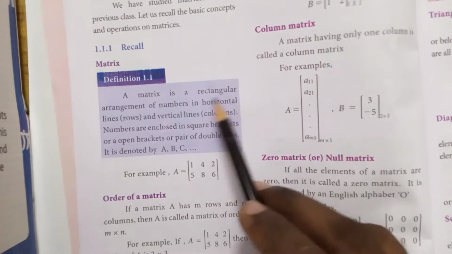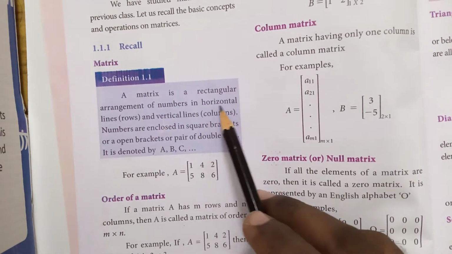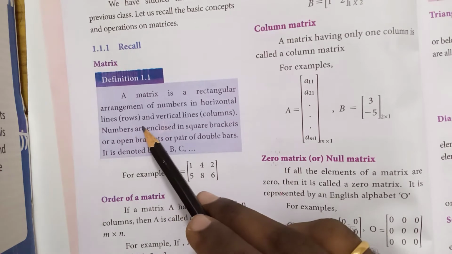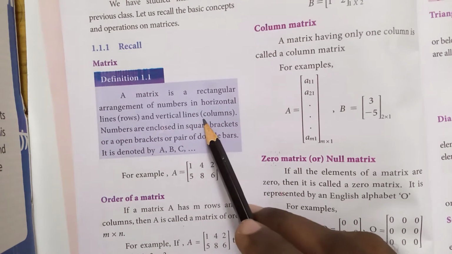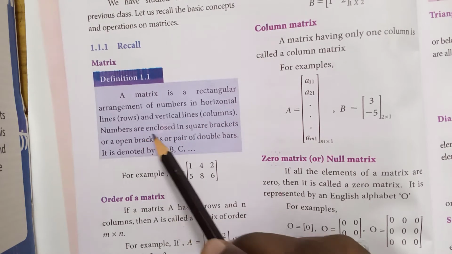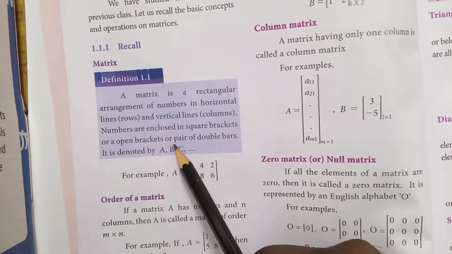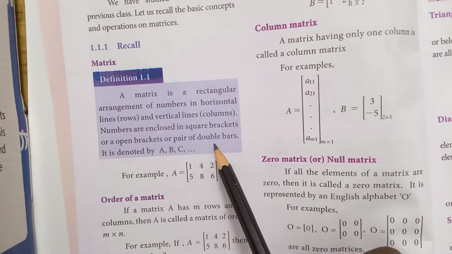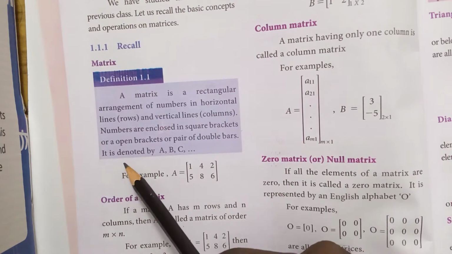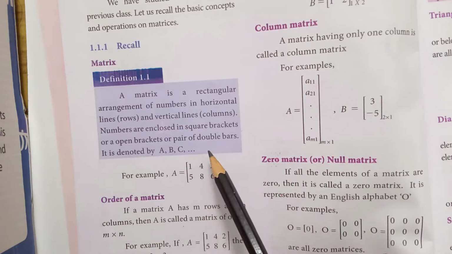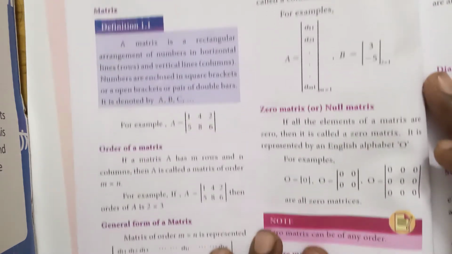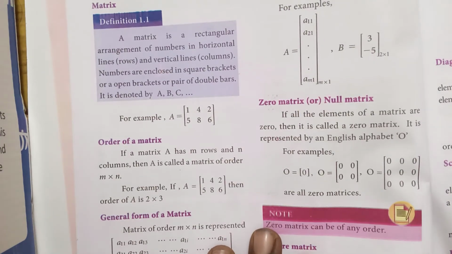A matrix is a rectangular arrangement of numbers in horizontal rows and vertical columns. Numbers are enclosed in square brackets, round brackets, or a pair of double bars. It is denoted by A, B, C. So the matrix is known as an arrangement of numbers.